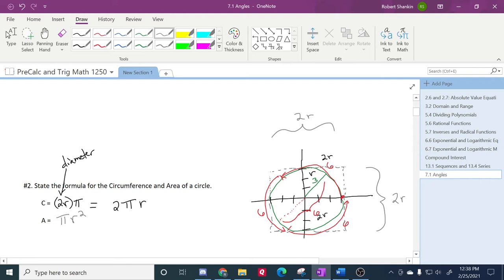Alright, so those are the two formulas. Circumference of a circle, area of a circle. And notice, to help you remember them, there's only 3 different symbols, the same 3 symbols in both formulas. A 2 and a pi and an r. They're just rearranged differently. And if the units were inches, circumference would be in inches, and area would be in square inches.